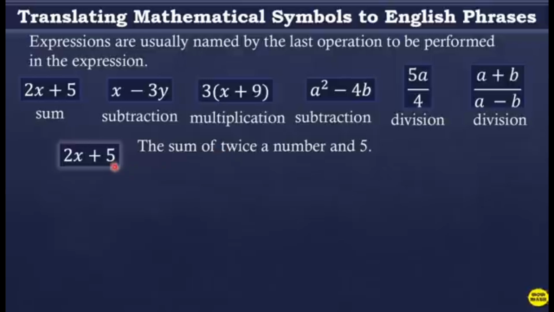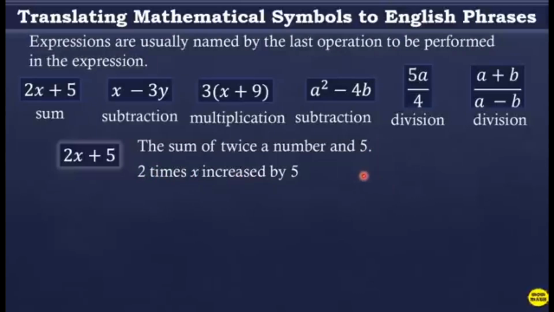So in this symbol, we can say that this will be translated as the sum of twice a number and 5. Or we can also translate this one as 2 times x increased by 5. So we can also have that one as our answer. Or there's so many ways.